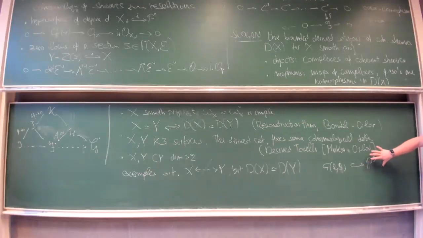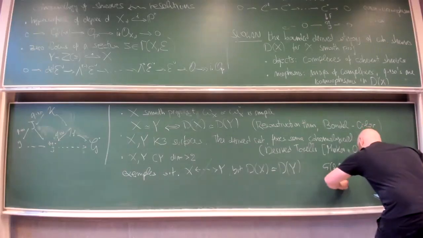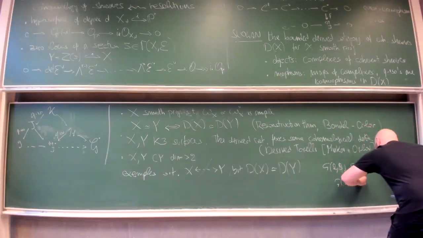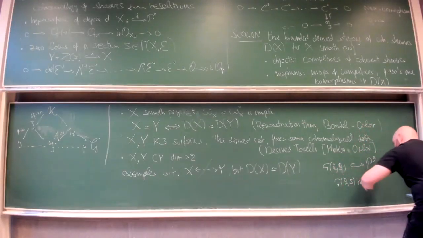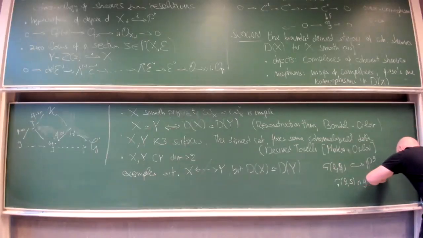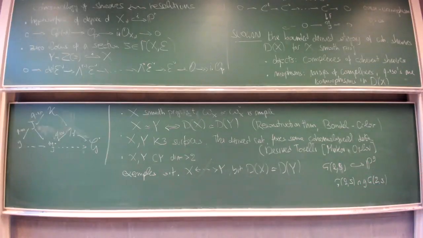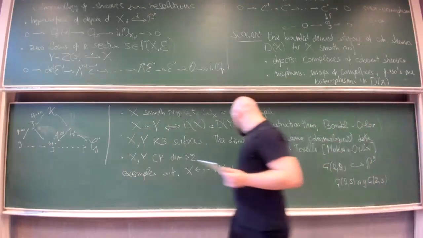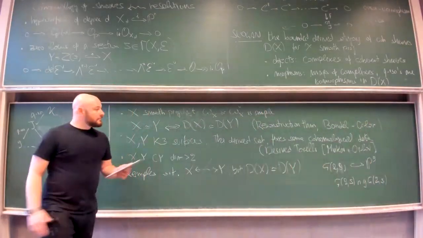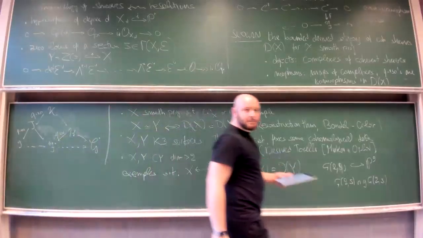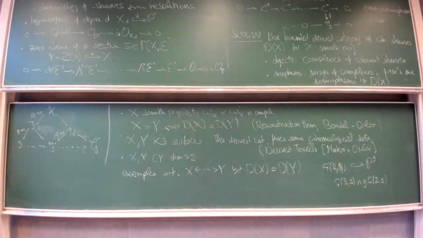If you act with an automorphism of this, you're moving it inside. So you can consider intersections of G(2,5) with the image of G(2,5) under a general automorphism. You can construct suitable pairs of those kinds of varieties, and there are Calabi-Yau threefolds if those kinds of maps are general. And you find pairs of such Calabi-Yau threefolds which satisfy those conditions, for instance. But you can construct these kind of examples also in different ways.